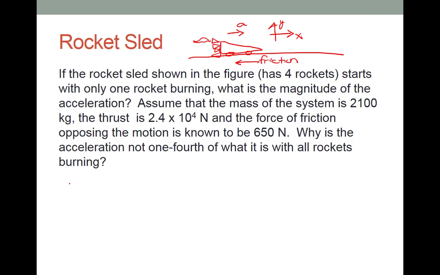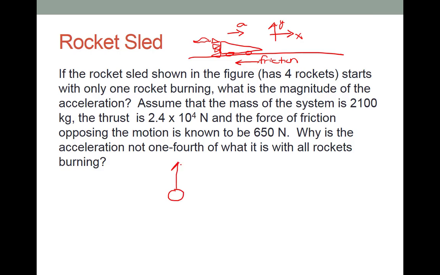Okay. Next thing on the list of things to do is identify what you want to know. Well, we want to know the acceleration. So a free body diagram of the sled is what I need. So let's draw that free body diagram.